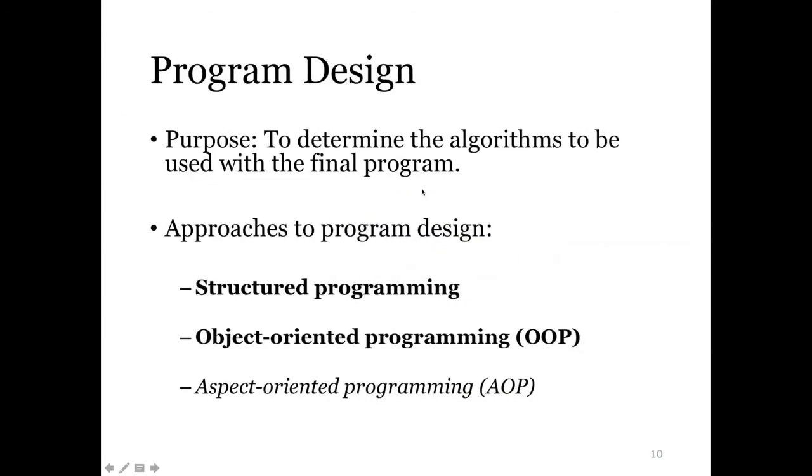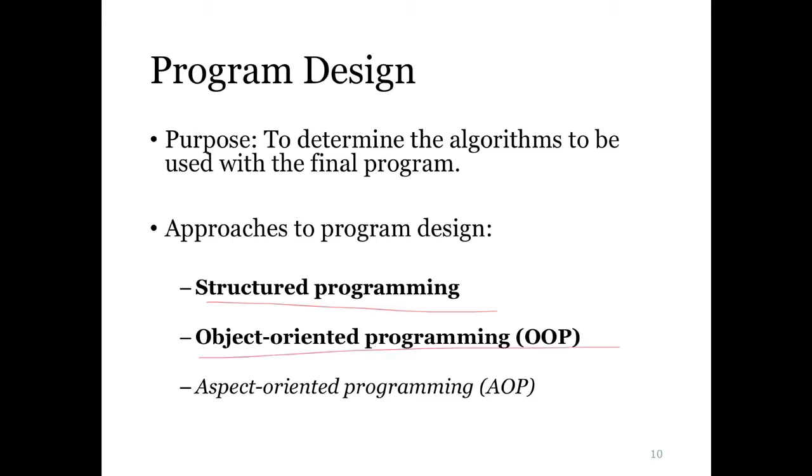So the program design part is, how do we design a program, do all the steps needed to complete this task. So the purpose is to determine the algorithm to be used with the final program. It turns out there are many different approaches as well. There are two popular approaches. One is structured programming, which is step-by-step programming.